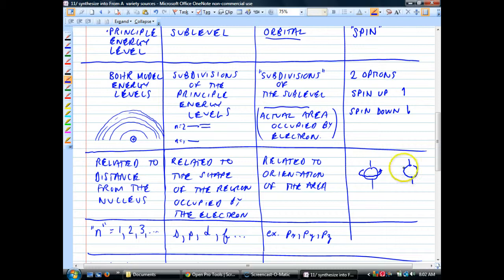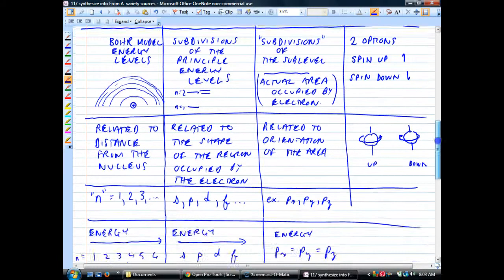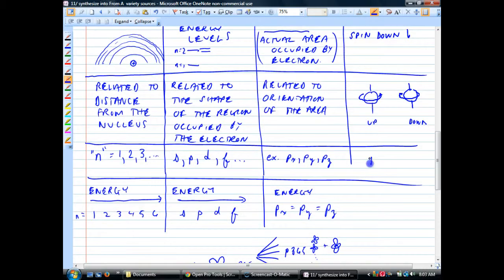Now it's weird because they don't really think the electrons are spinning, but they're doing something that is like they're spinning. And so this would be called up, and this would be called down. Now, they're actually spinning, say, clockwise or counterclockwise, but we call it up and down. And there's only 2 options, and in terms of energy, they're both equal.